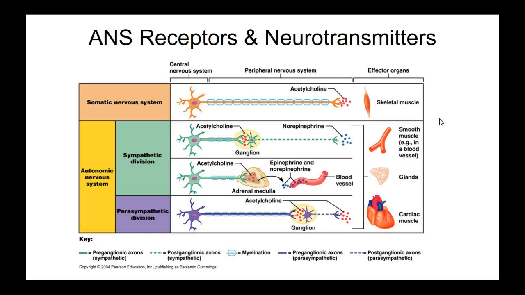So if we take a look at these receptors, let's take a look first at this somatic nervous system up here, right? So what neurotransmitter was released from the axon terminus of a motor neuron? So which one? Acetylcholine, right? ACH. Okay?